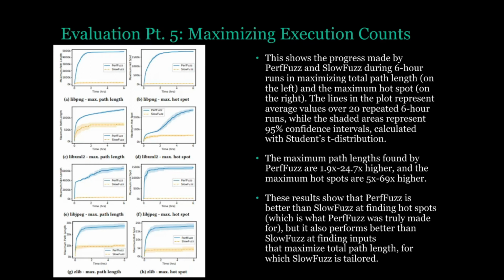The maximum path lengths found by PerfFuzz are 1.9 times to 24.7 times higher, and the maximum hotspots are 5 times to 69 times higher than those that were generated by SlowFuzz.